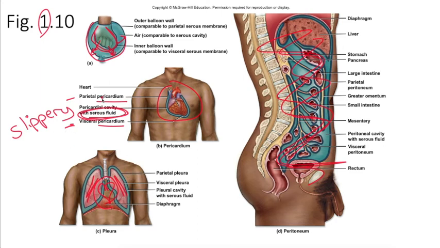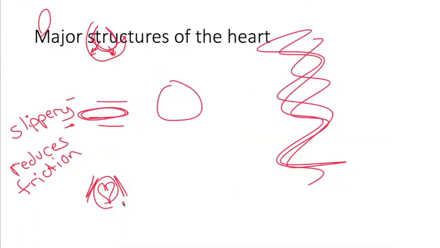But these slippery sacs around them allow for really smooth, easy movement, and it reduces friction between organs. So these sacs have a really important function. If nothing else, they allow each organ to move independently and slip past each other with minimal amount of friction.